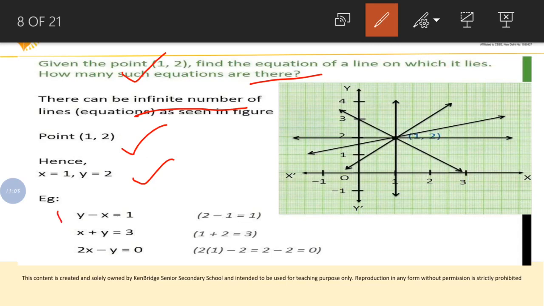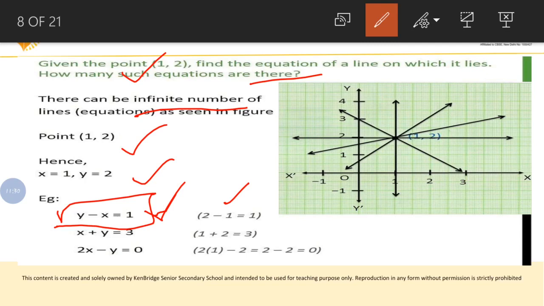So let's take this equation, y minus x is equal to 1. Just apply the values. Y is 2 and x is 1. So 2 minus 1 is equal to 1. So the condition is satisfied, right? 2 minus 1 gives the answer 1, and the left hand side is equal to the right hand side. So that's why this condition is satisfied. So this can be the equation.